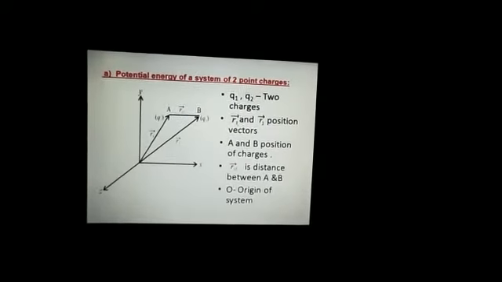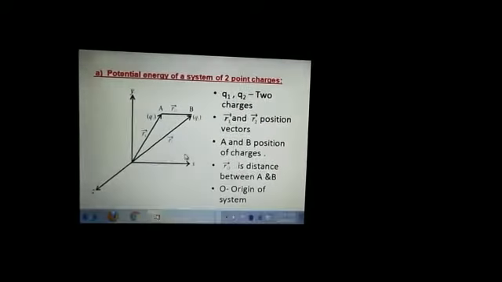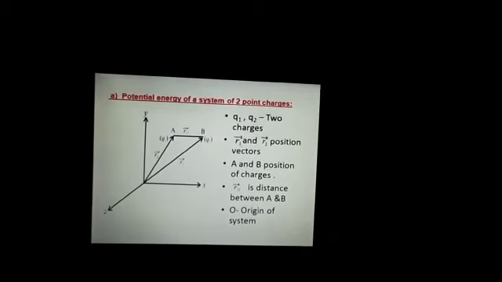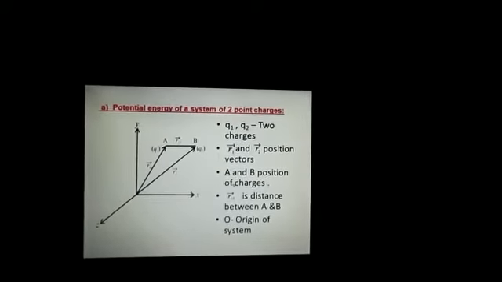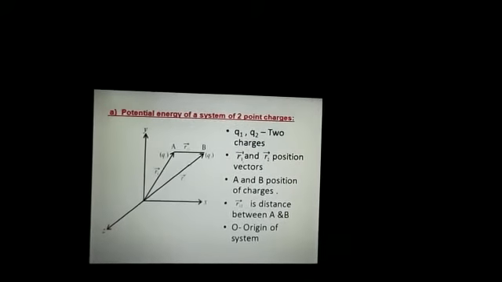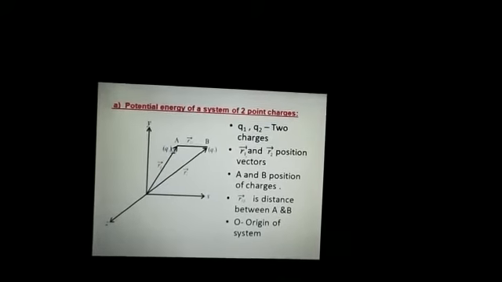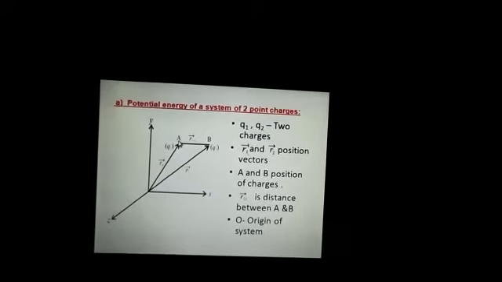Now we discuss the potential energy of a system of 2-point charges. For that, we consider two charges, Q1 and Q2. This Q1 is placed at point A, having position vector r1.